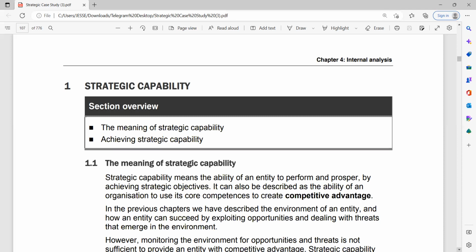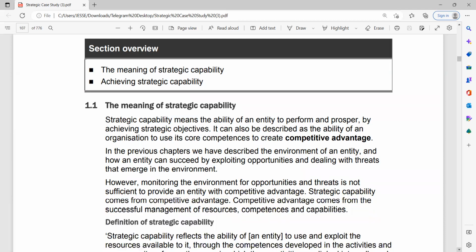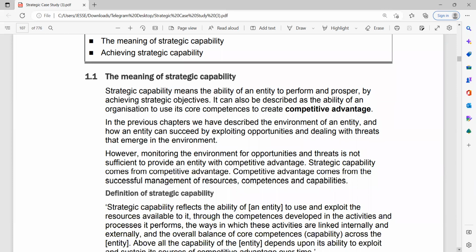We cannot talk about internal analysis without talking about strategic capability. Now, what is strategic capability? Strategic capability is basically the ability of an organization to perform in a particular area.